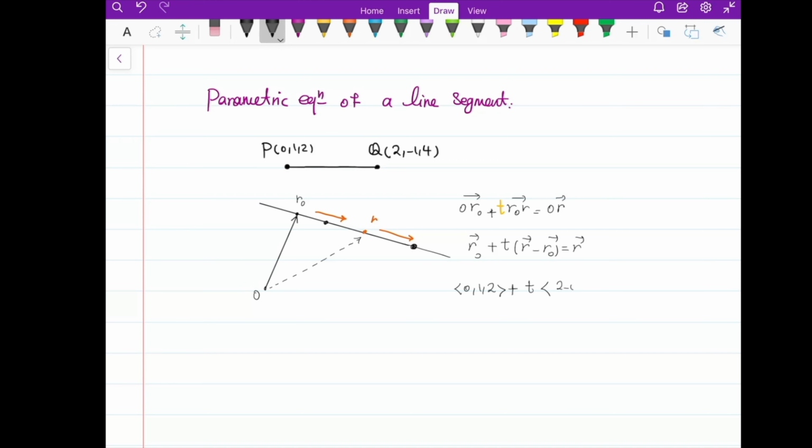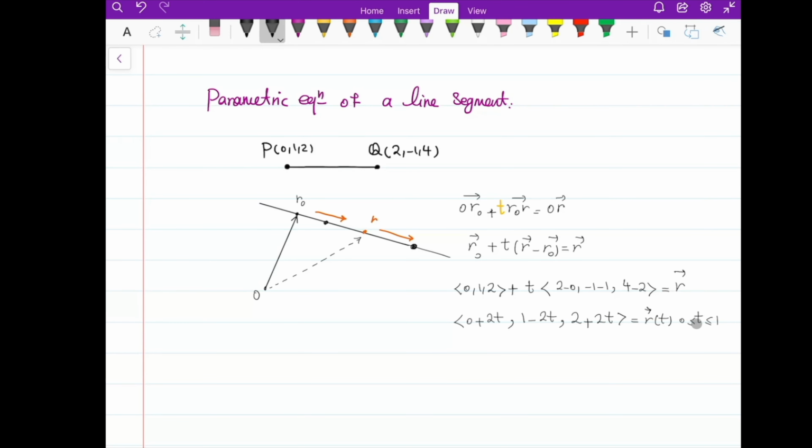So it would be 2 minus 0, -1 minus 1, and 4 minus 2, and it would be equal to any point on the line. So I get 0 plus 2t, and then 1 plus t times -2, so it would be -2t, and then 2 plus 2t for the third coordinate. This would be R of t, where t is between 0 and 1.